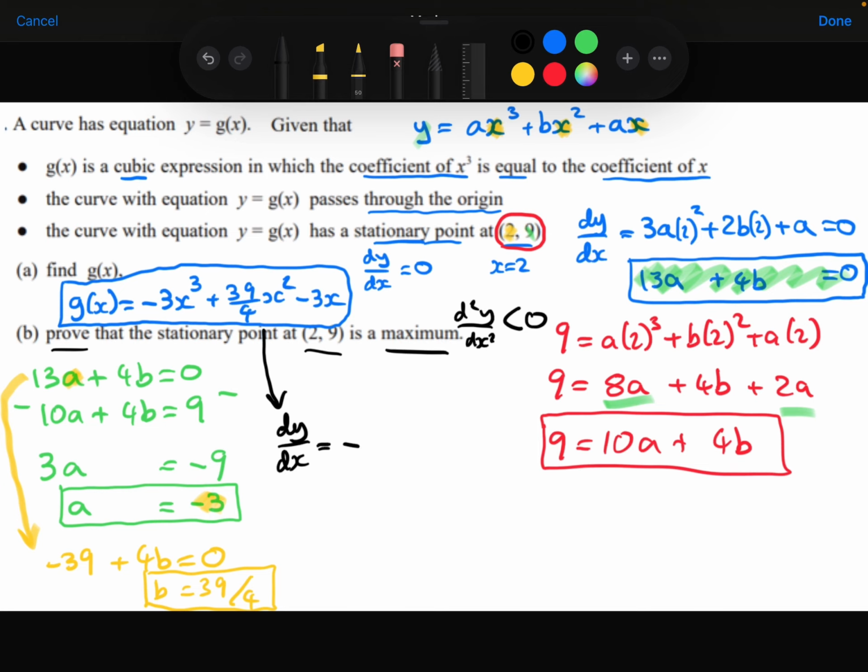So differentiating the first time, the minus 3x cubed will differentiate to be minus 9x squared. The 39 over 4 x squared will differentiate to be 39 over 2 x. And the negative 3x will differentiate to be negative 3.